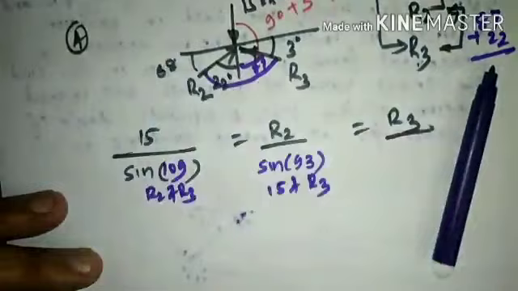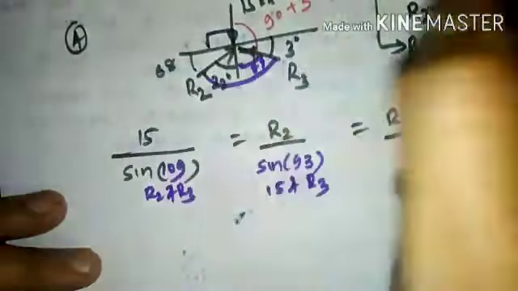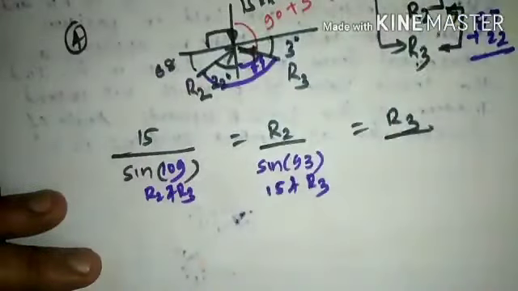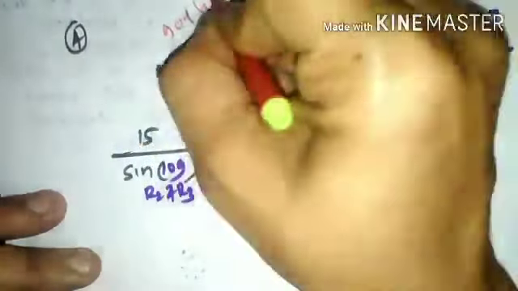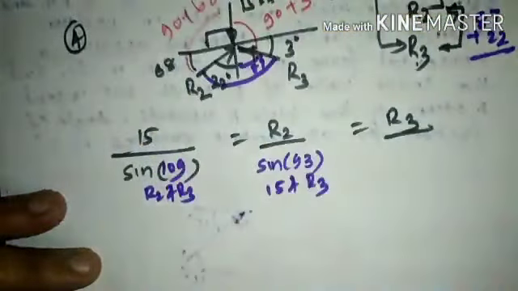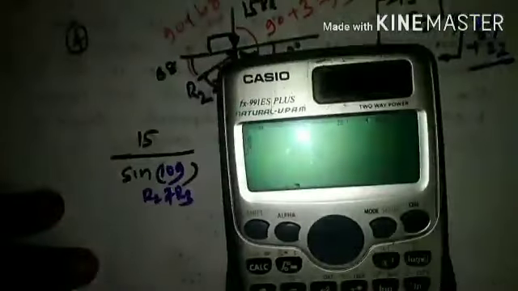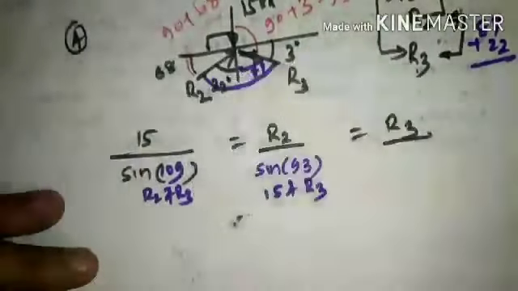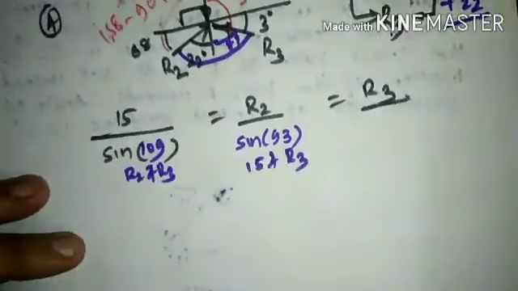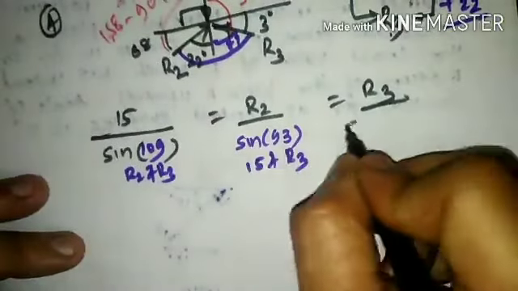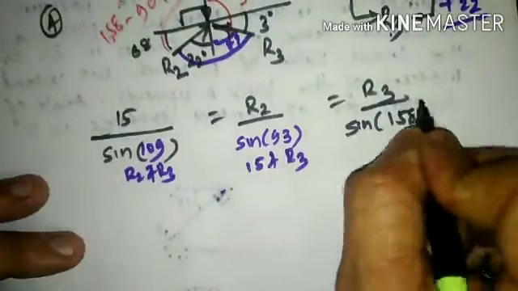So the total inclination here shall be 90 plus 68, which comes out to 158 degrees. So we write it here as sine of 158 degrees.